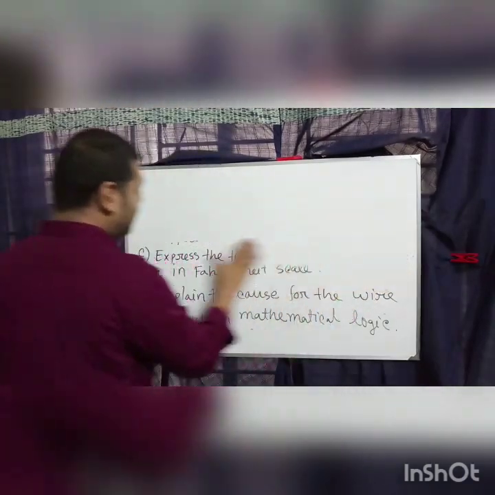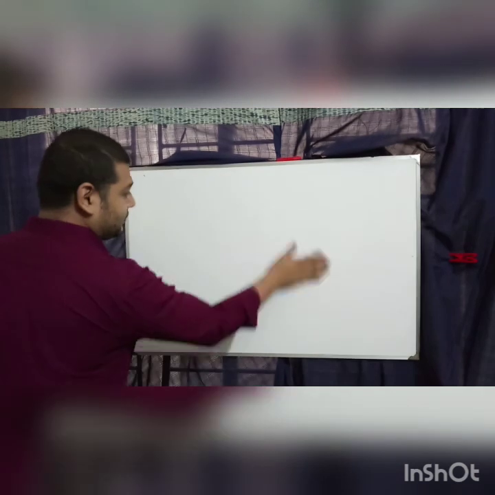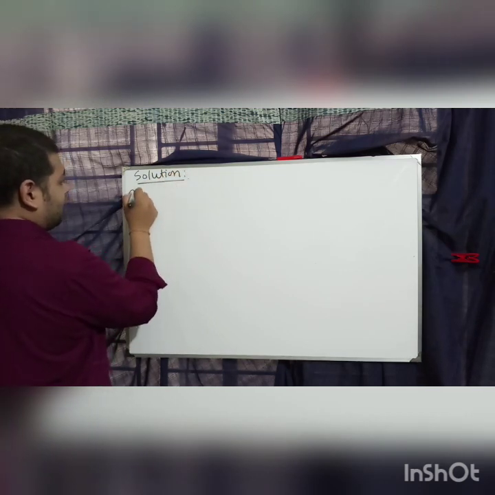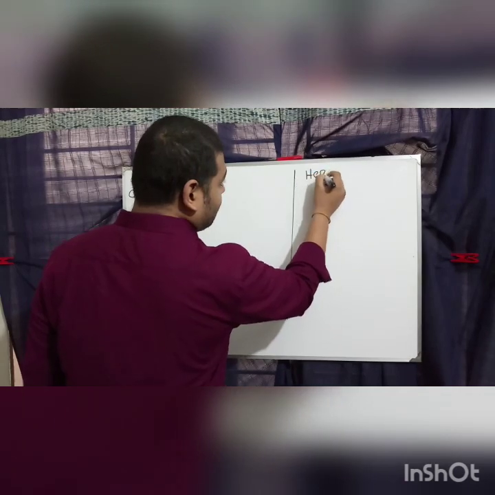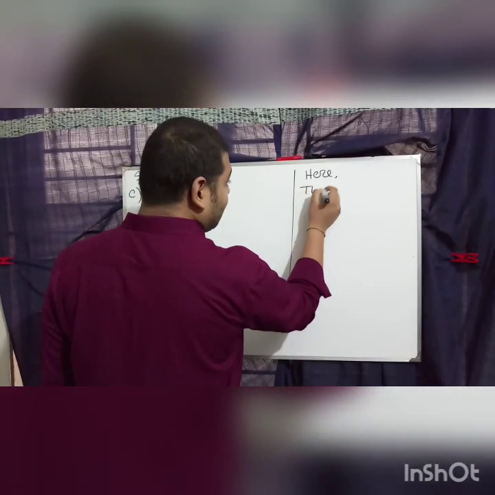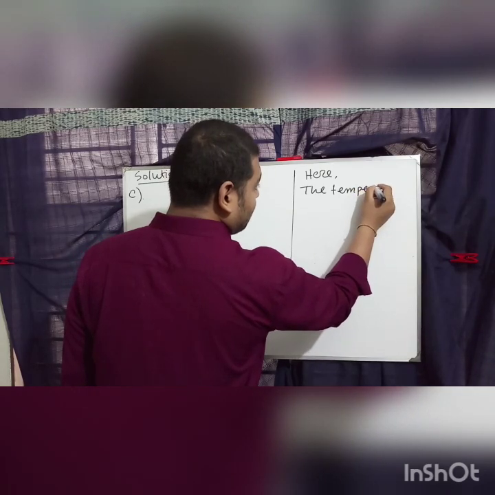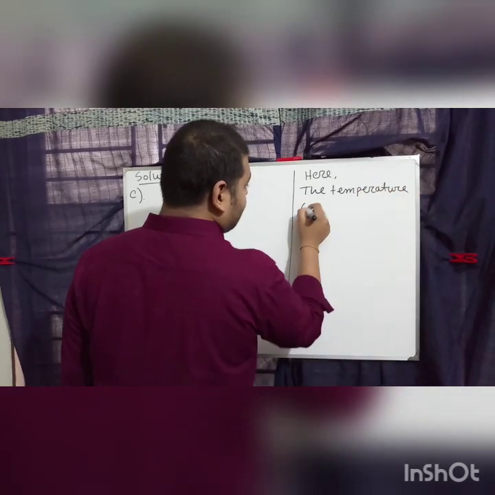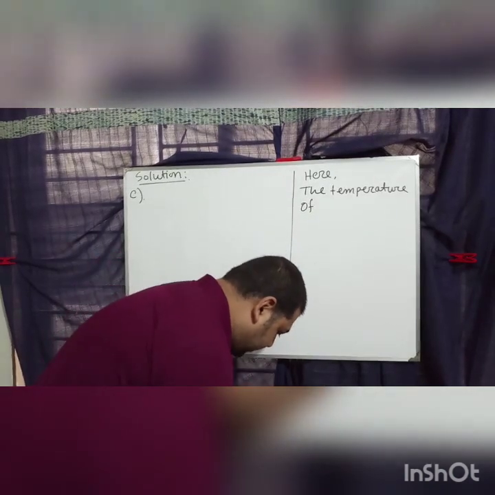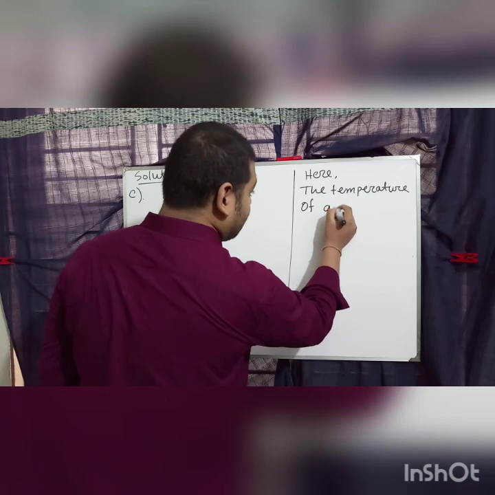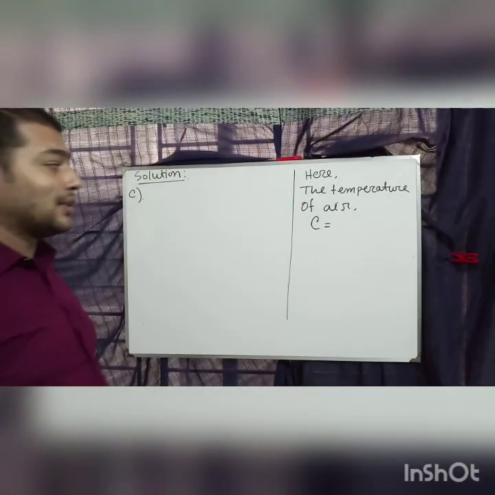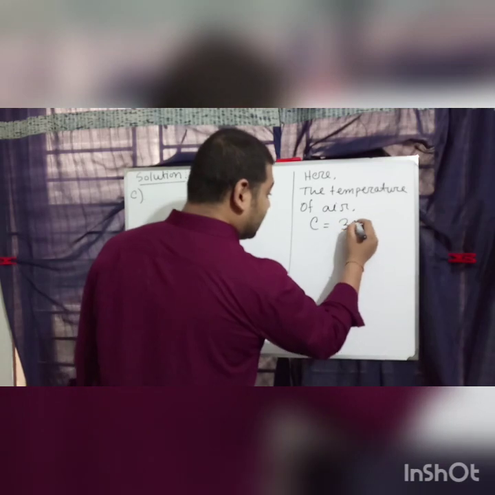Now the solution for question C is: here the temperature of air is given in Celsius scale, so we denote it as C. So C is 30 degrees Celsius.